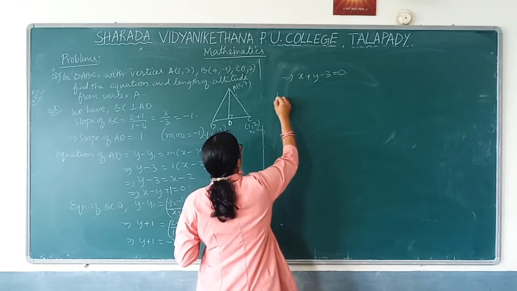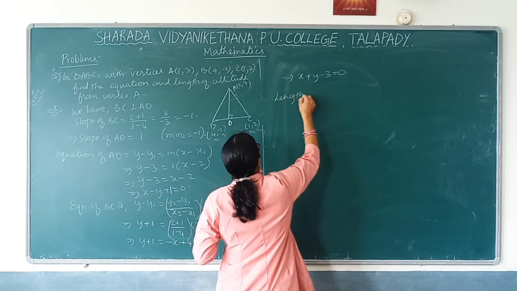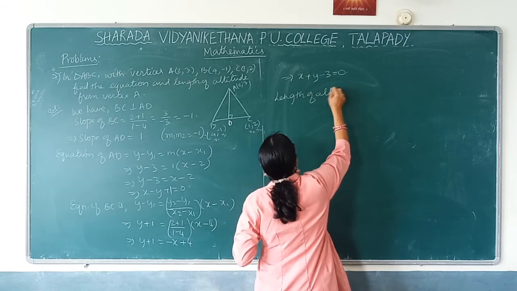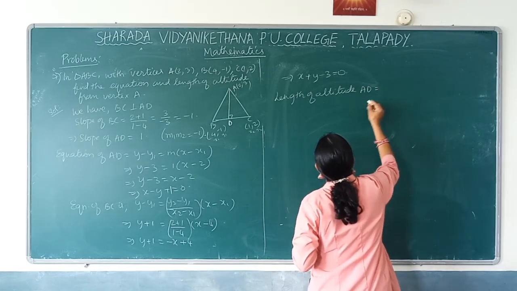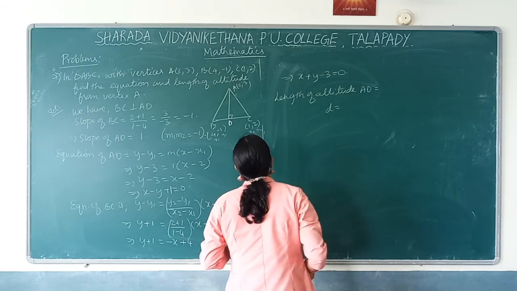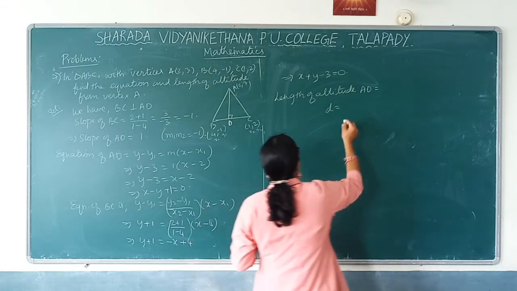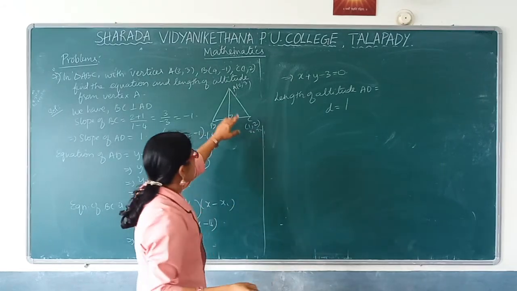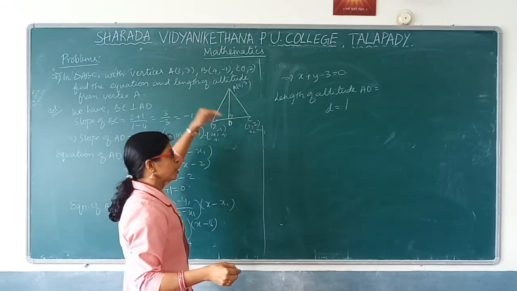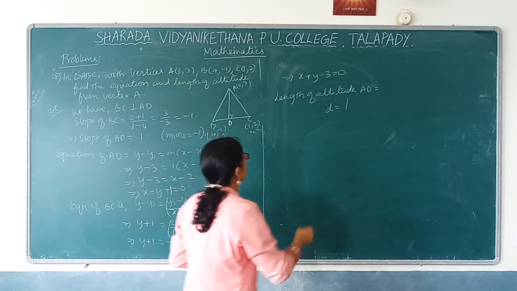So what is the length of the altitude? The length of altitude AD is found using the distance of a point from a line formula. This is D. So modulus of, we write the equation of BC and substitute 2, 3 for the point x1, y1.